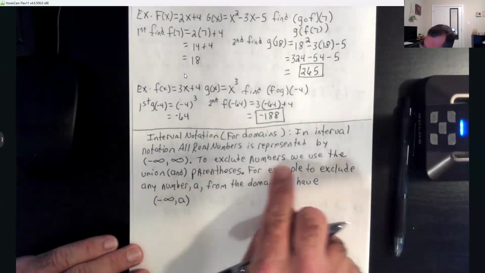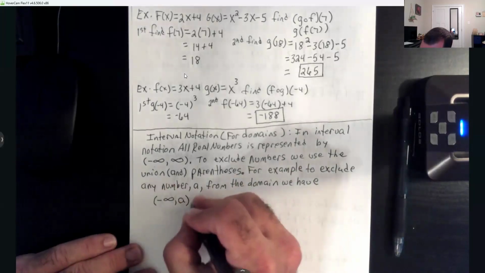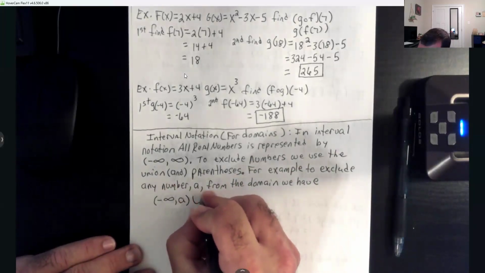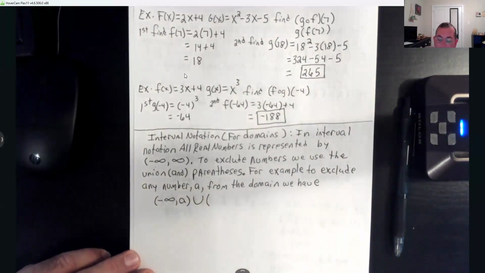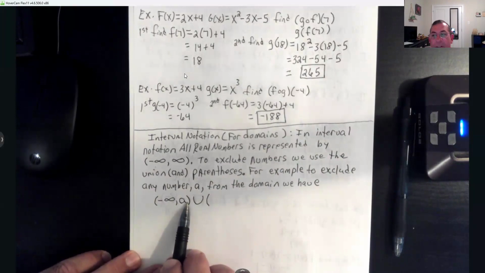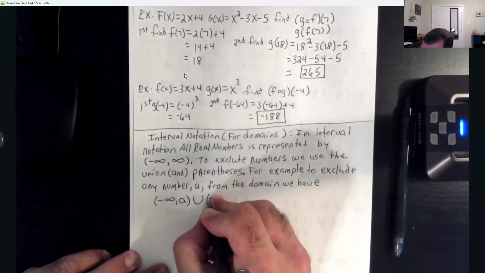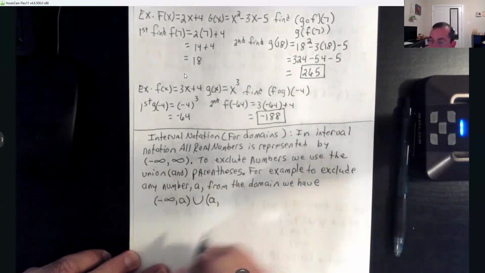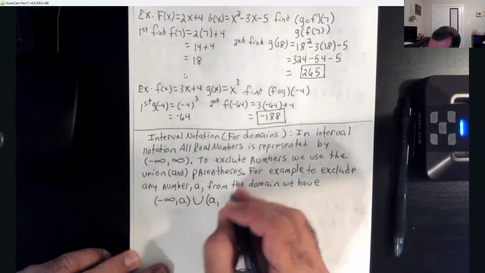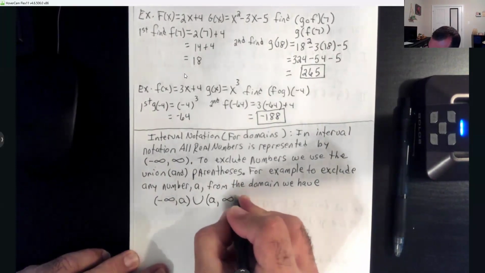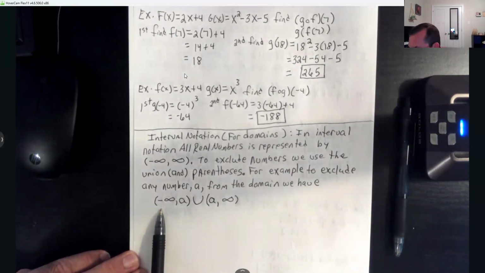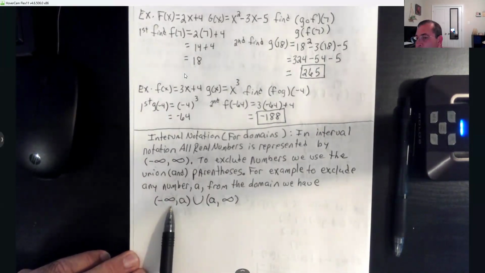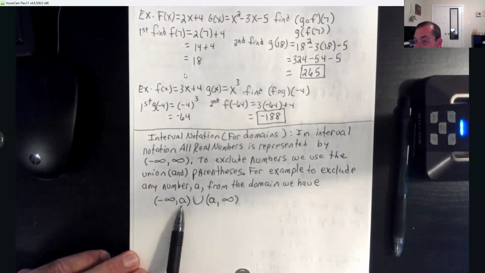So now comes the union. So we put the union down and then start our second set of parentheses. And we go from the other side of that number. So we go from the A until we hit positive infinity. So this is how you kick out a number. I'm going from negative infinity almost to A, but I can't equal A, remember, because I got curvy parentheses.